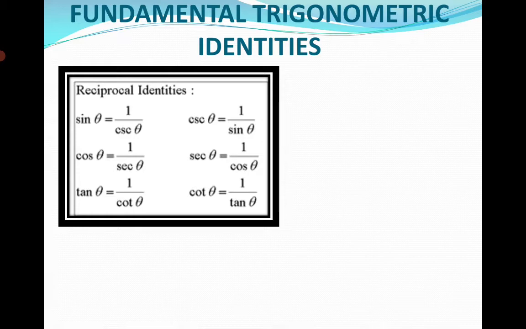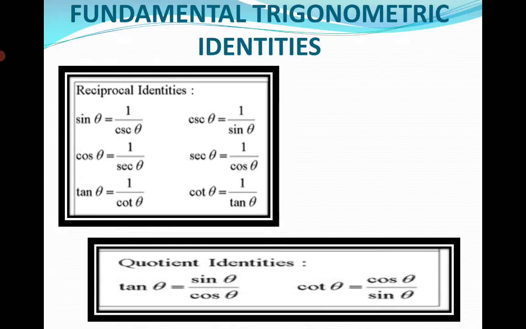Si tangent, ang kabaliktaran niya is si cotangent, that's why tangent theta is equal to 1 over cotangent theta. So, ayun na. Cosecant theta is equal to 1 over sine theta. Secant theta is equal to 1 over cosine theta. Cotangent theta is equal to 1 over tangent theta.